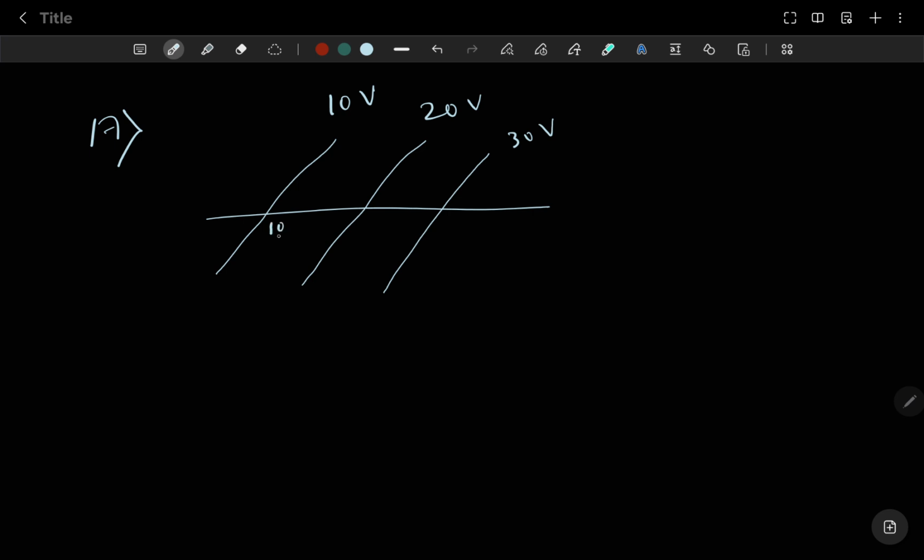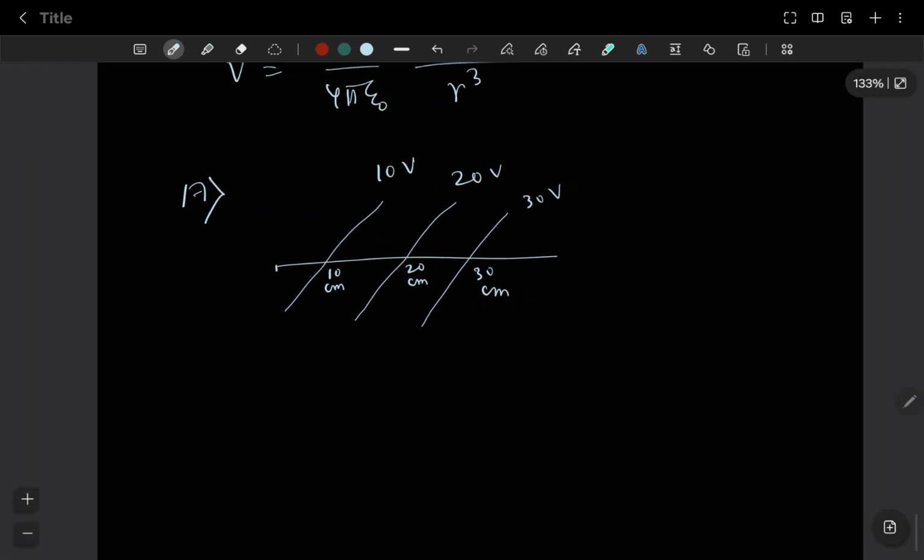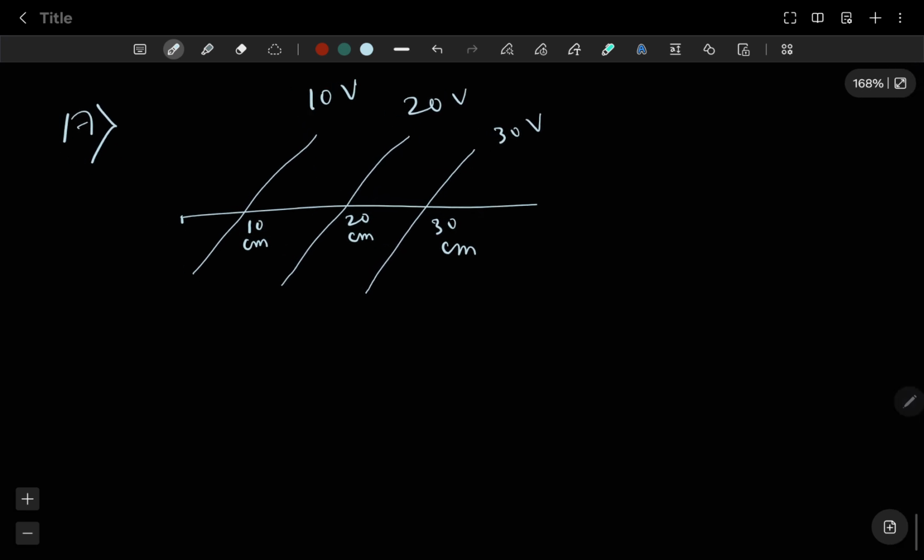This is 10 centimeter, 20 centimeter, 30 centimeter, like this. Two things are very clear. First, the electric field is always perpendicular to the equipotential surfaces.